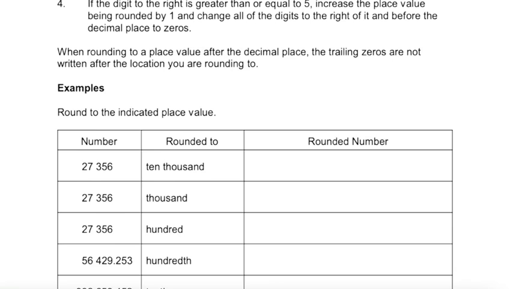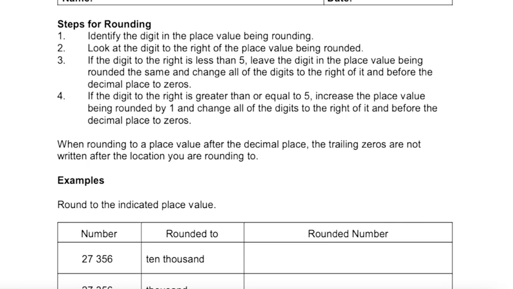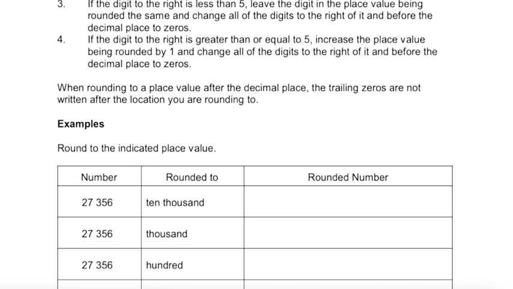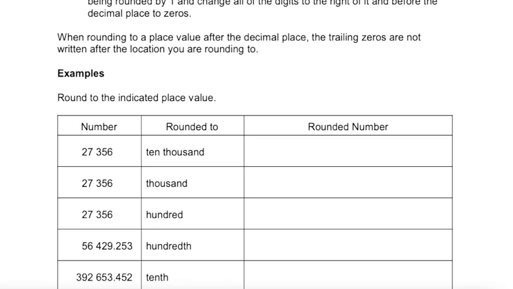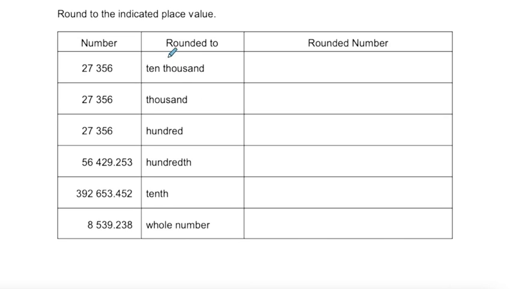So for the examples, we're going to round to the indicated place value. So first of all, we want to identify what number is in the 10,000 place value. So that is our 2 in this case. And so we need to now look at the number to the right of that. So that is our 7.